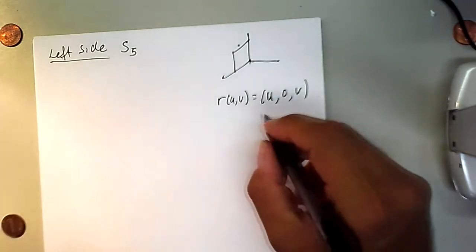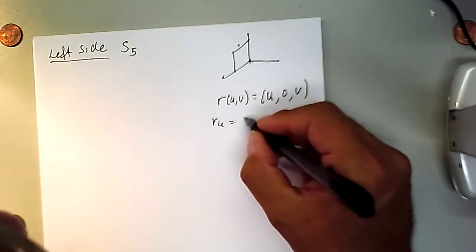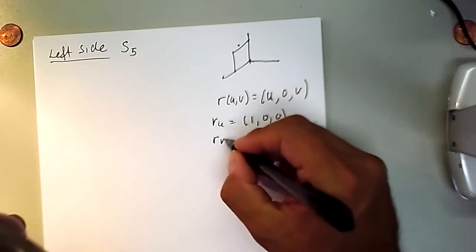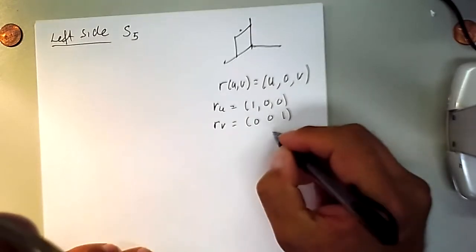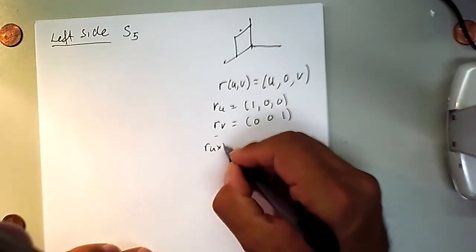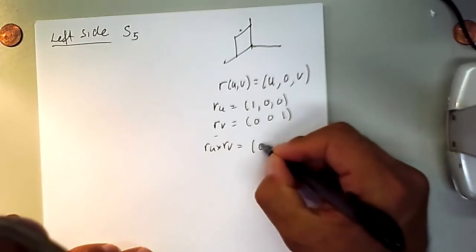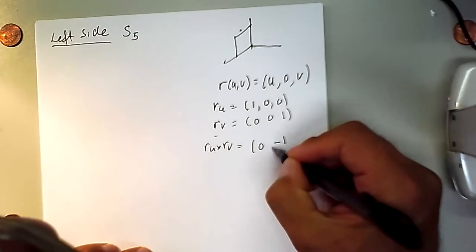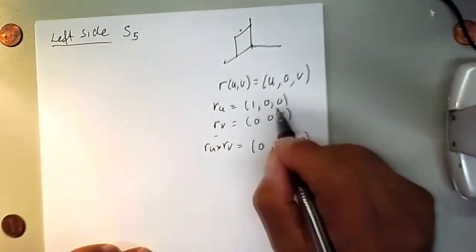Okay, this is different. R sub U would be (1, 0, 0). R sub V would be (0, 0, 1). Yep. The cross product would be (0, -1, 0), which makes sense.